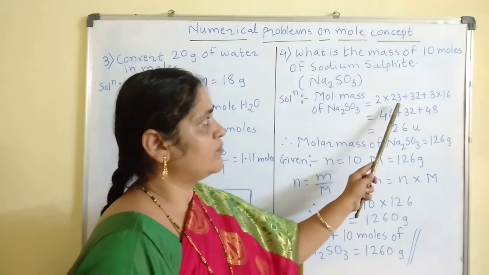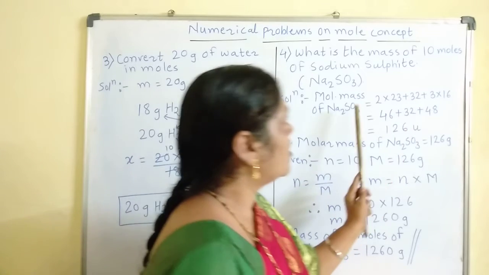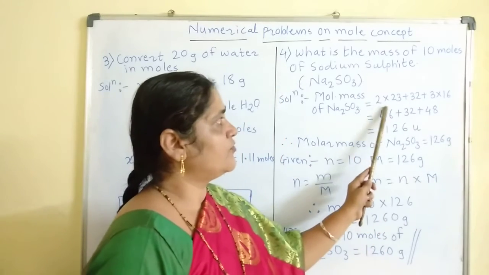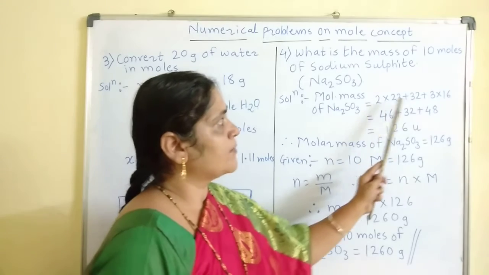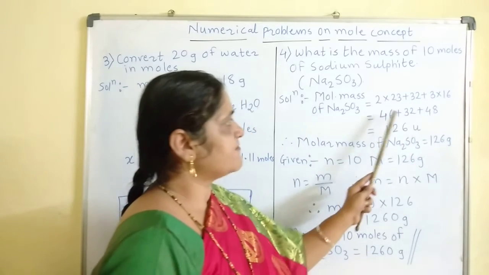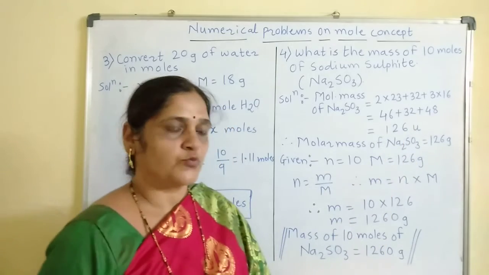Sodium is having atomic mass 23, sulfur is having atomic mass 32, oxygen is having atomic mass 16. So, 23 multiplied by 2 plus 32 plus 3 multiplied by 16. So, 46 plus 32 plus 48, our answer is 126 U.